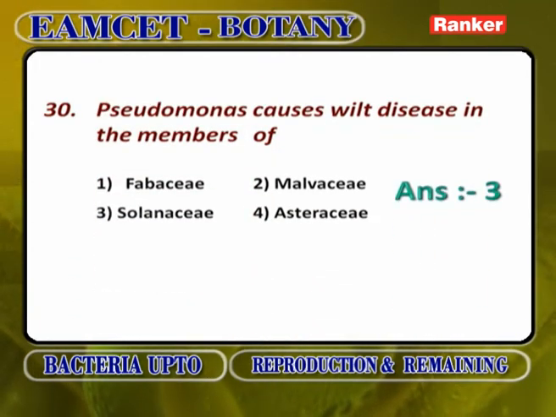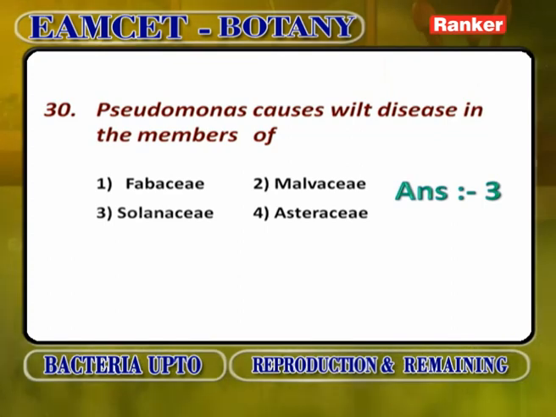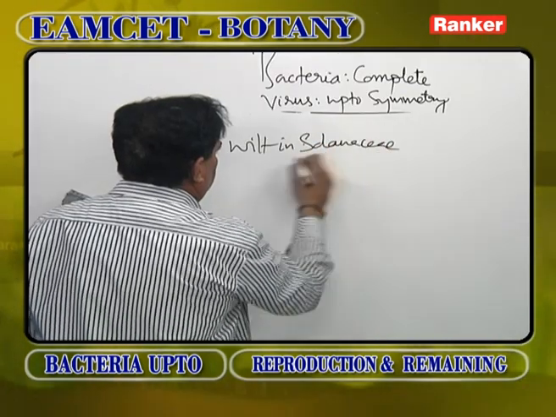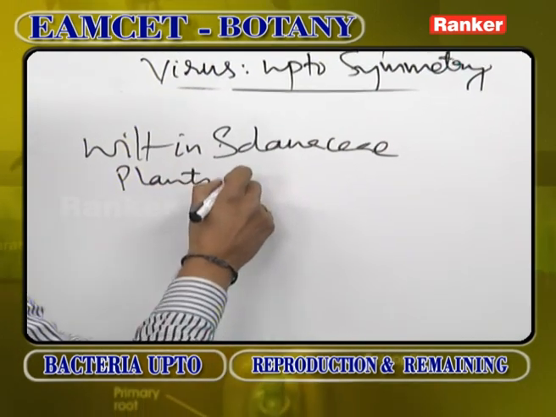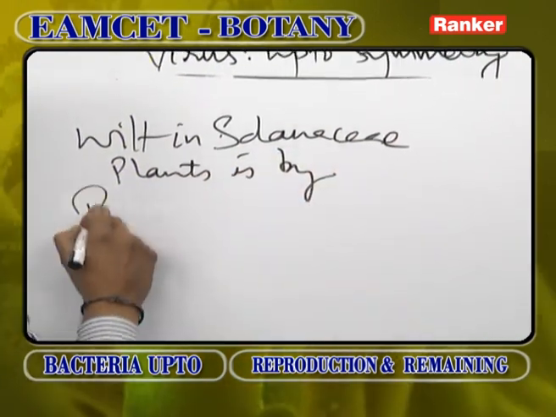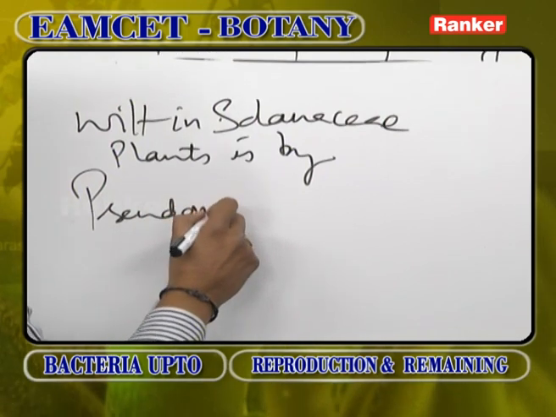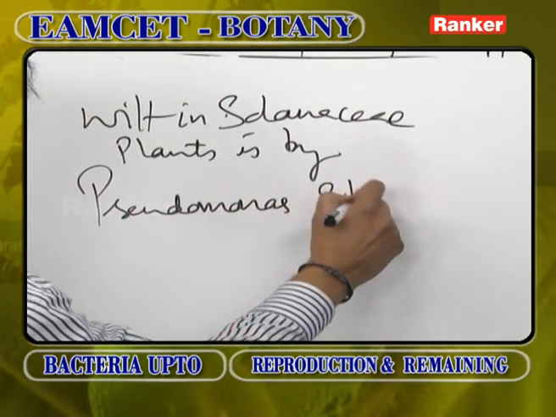Pseudomonas causes wilt disease in Solanaceae plants. Wilt in Solanaceae plants is always caused by Pseudomonas solanacearum.